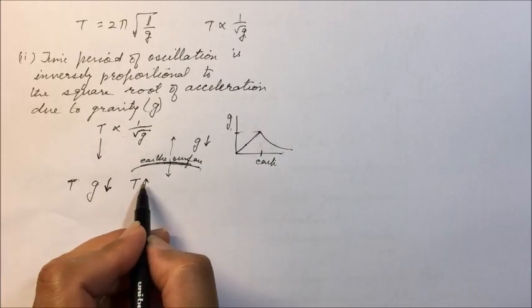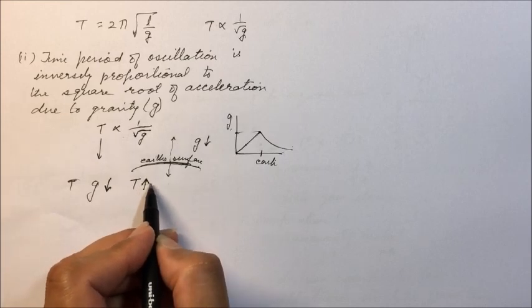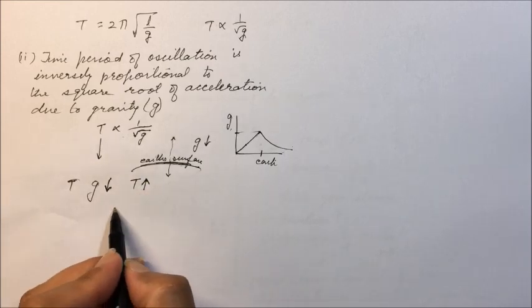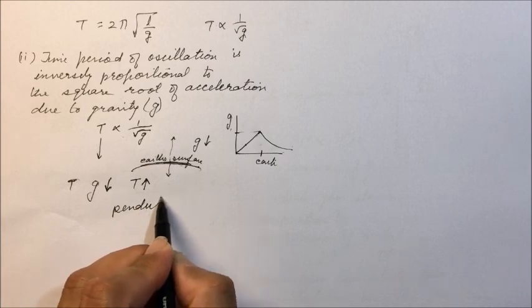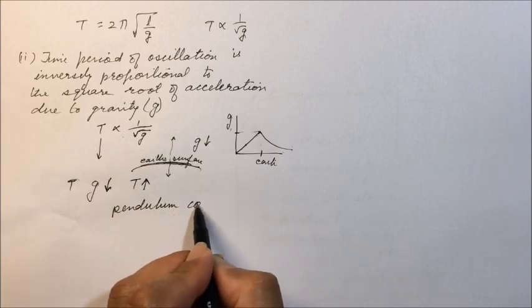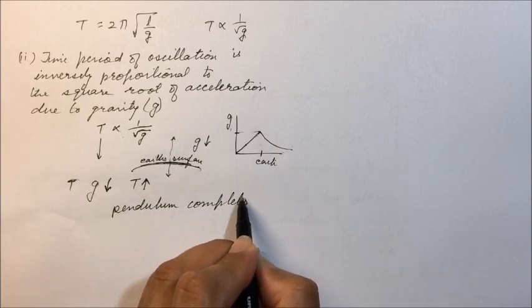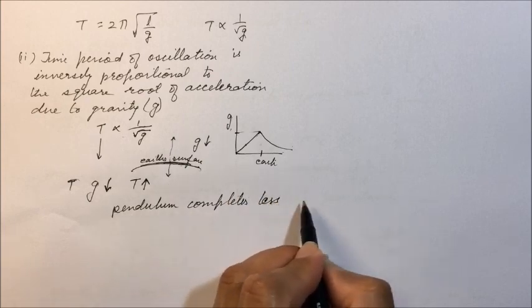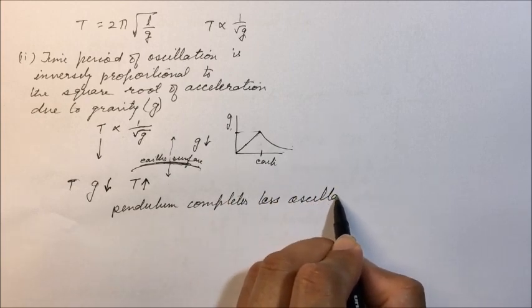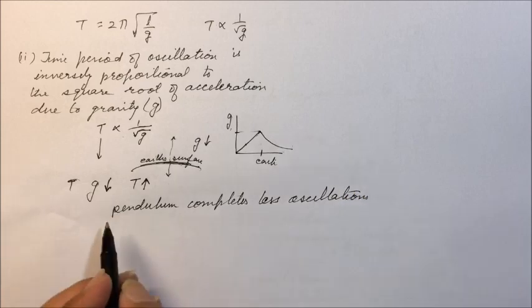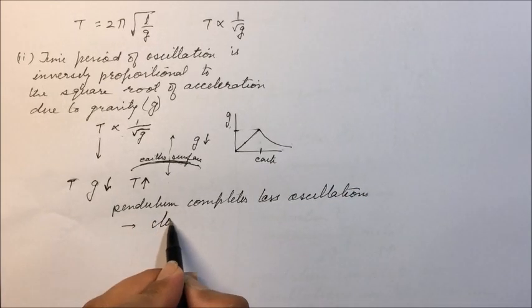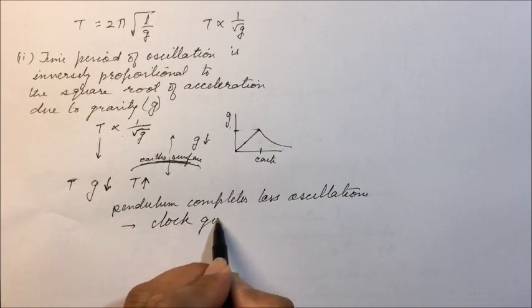As g decreases, the time period increases. As the time period increases, the pendulum completes fewer oscillations, and we say that the clock has gone slow.